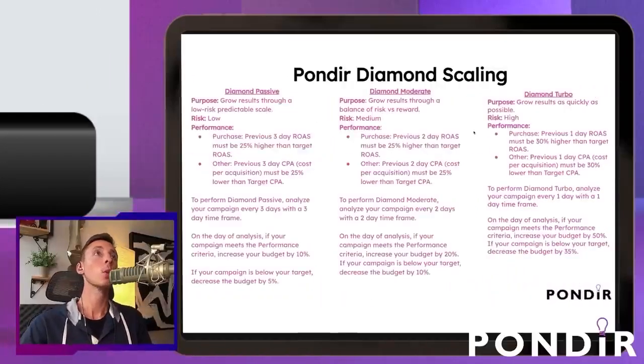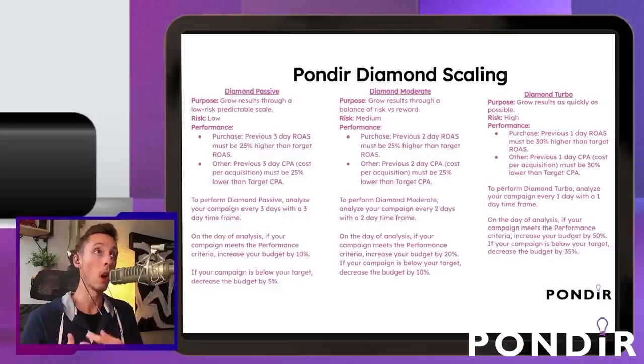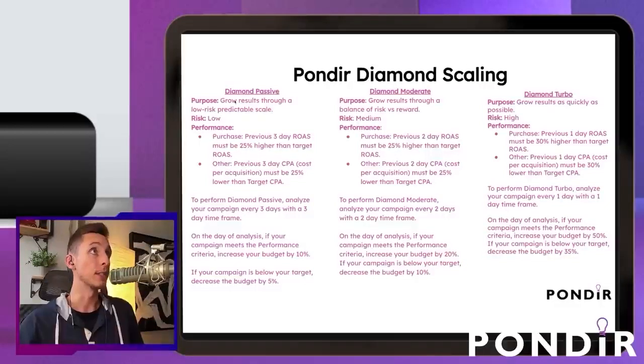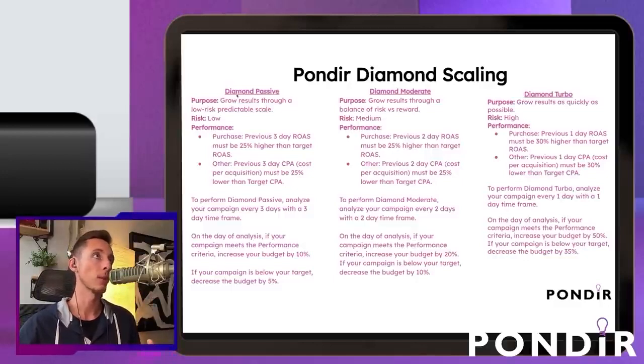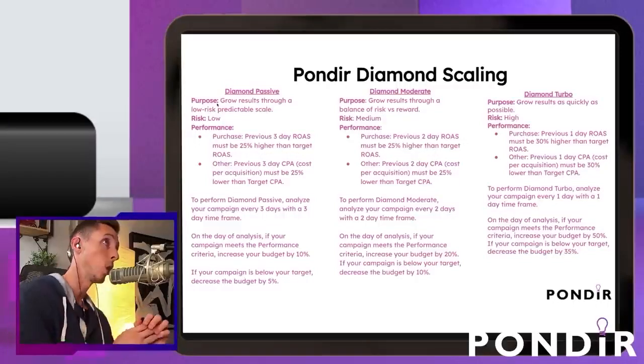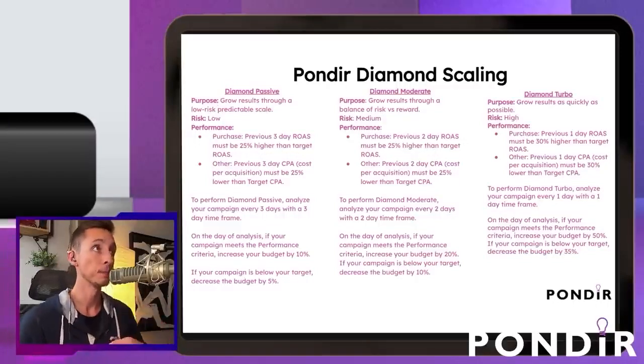So when it comes to the rules, this is what we use here at Ponder for all of our brands and for our client brands. We have 3 methods, and I won't read these because they're pretty self-explanatory, but I'll go through the first one. Diamond Passive: the purpose behind this strategy is to grow results through a low risk and predictable scale.